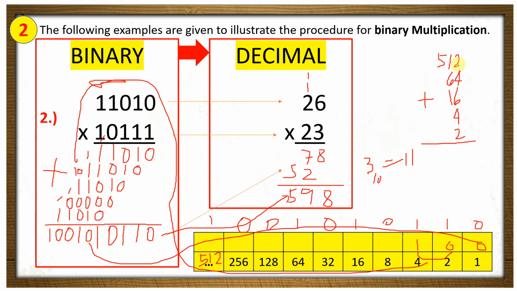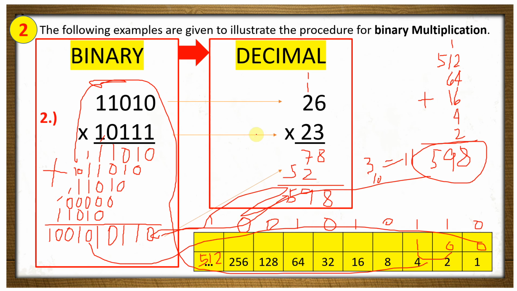So this is 6, 12 plus 6, 18. 18, carry 1, 1 plus 1 is 2, so this is 8, 9, and 5. So that's 598, the value of our binary here. That means our answer is correct.